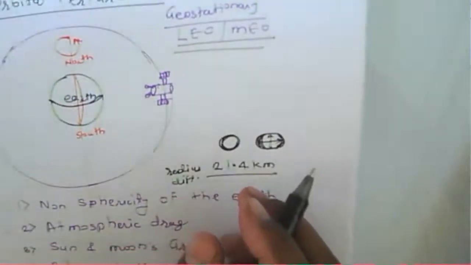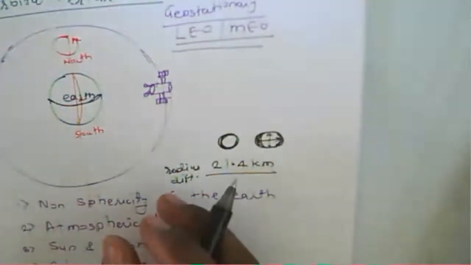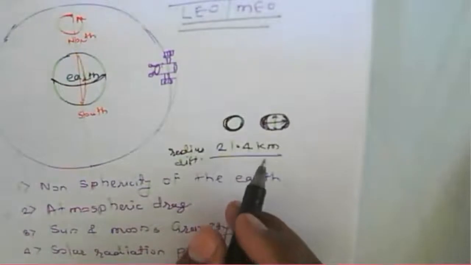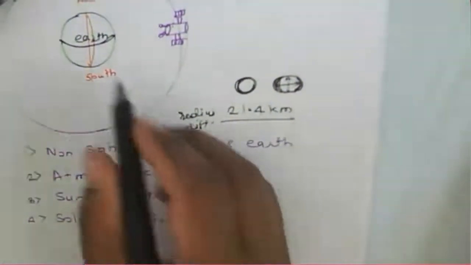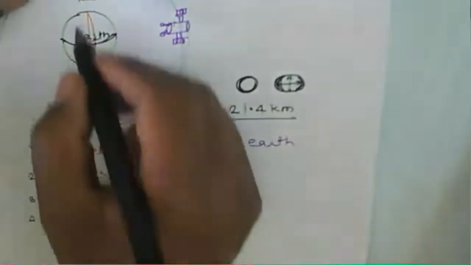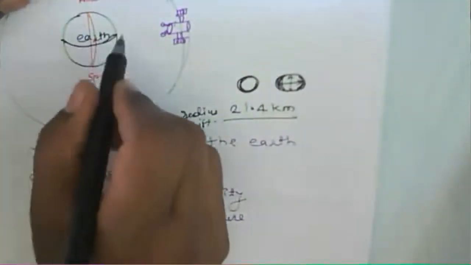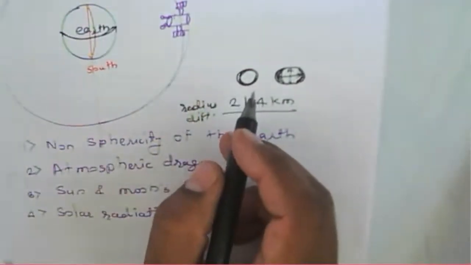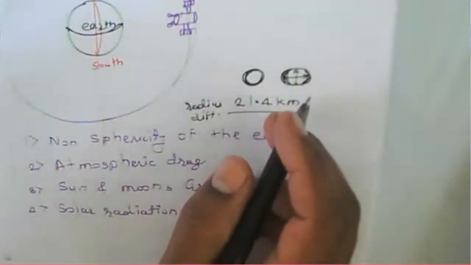In that case, the satellite is rotating around the Earth, and because of that perturbation, the altitude changes, because there is a difference in the radius along the equator, or along the north and south poles.